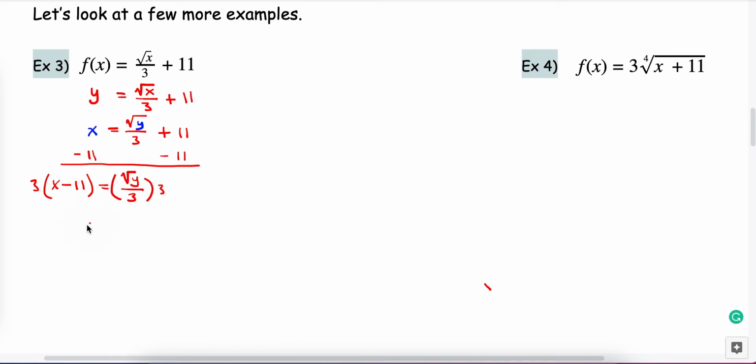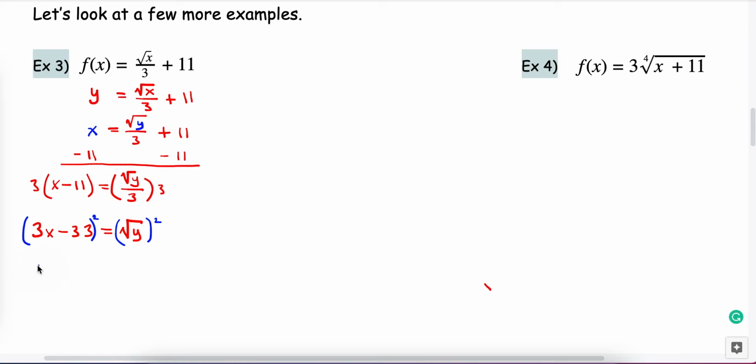So multiplying times 3, we can multiply out 3x minus 33, if you will, equals the square root of y. And then finally we're going to square both sides.